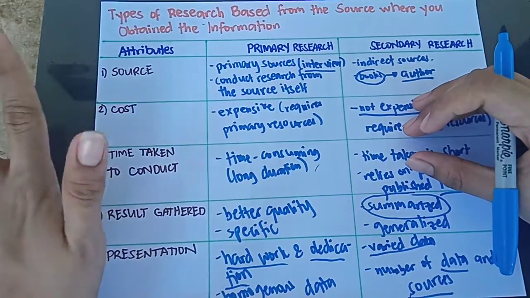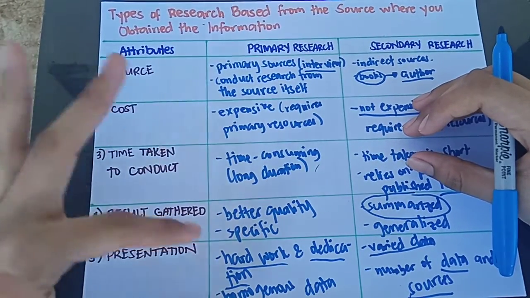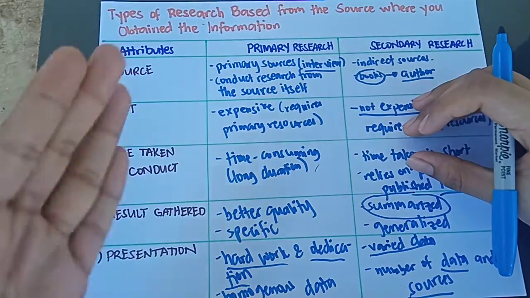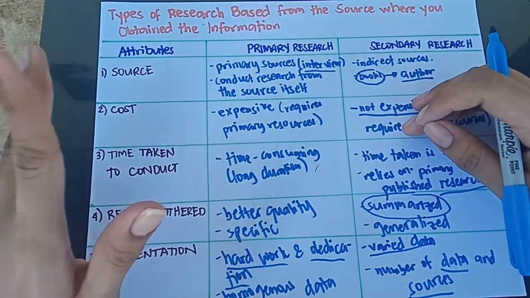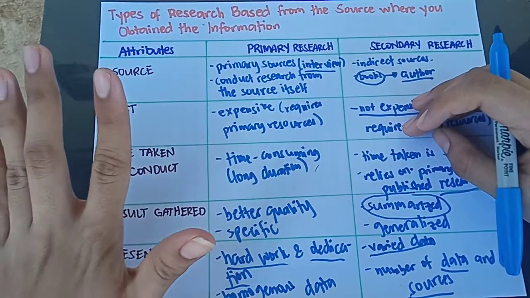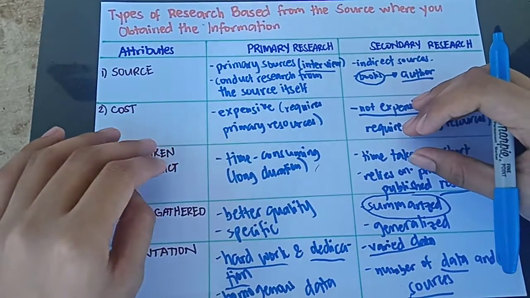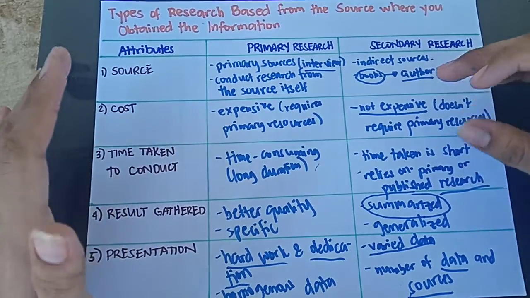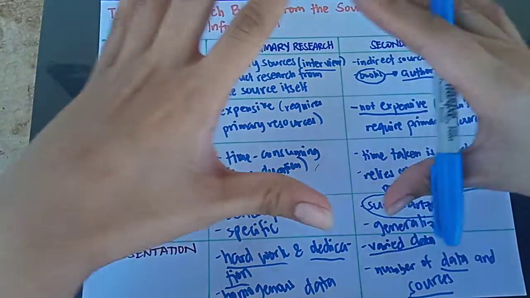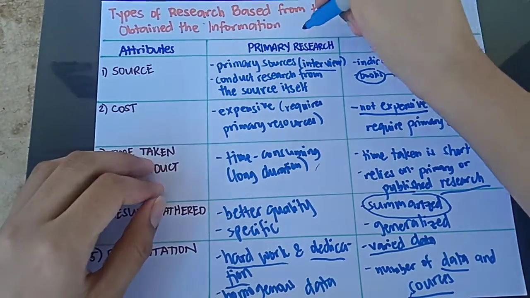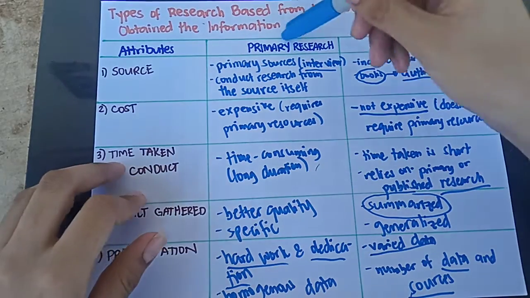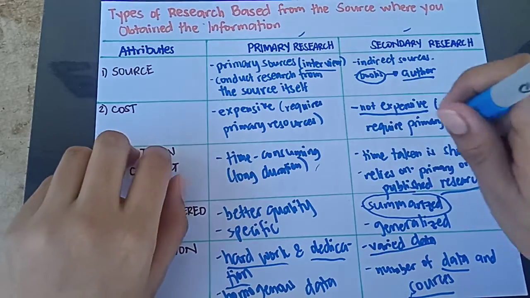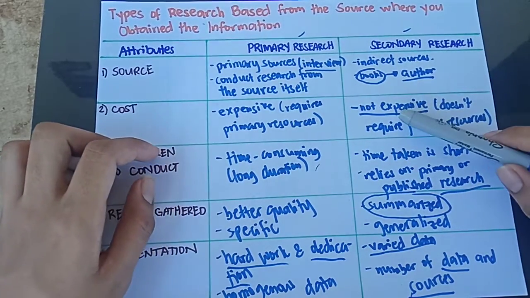While in the presentation of primary research, it is homogeneous. It can stand alone on itself. You do not have other data that interferes with the standalone data. So this is the main difference between primary and secondary research. And these primary and secondary researches are actually applied in your SIP.